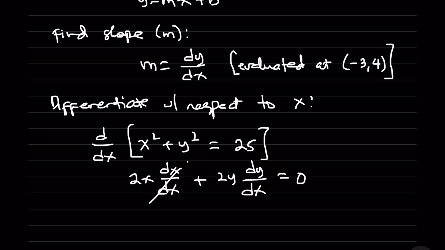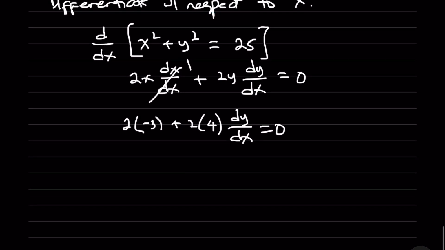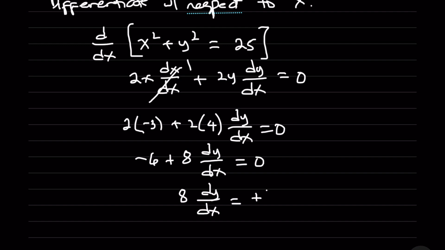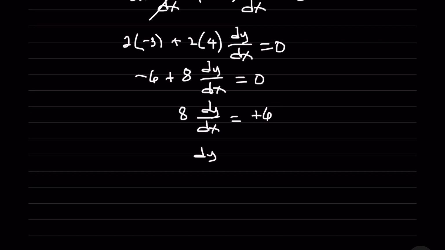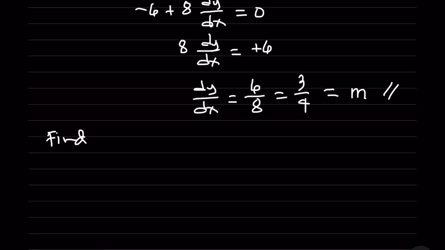This is the result. Dx over dx is equal to 1. So you are left with this, and substitute the values negative 3 and 4. You will find the value of dy over dx. So dy over dx is equal to 6 over 8 or 3 over 4. This is the slope of the line, or m.